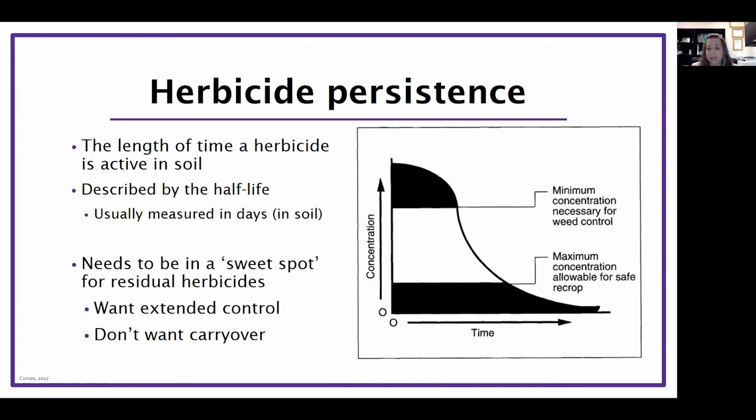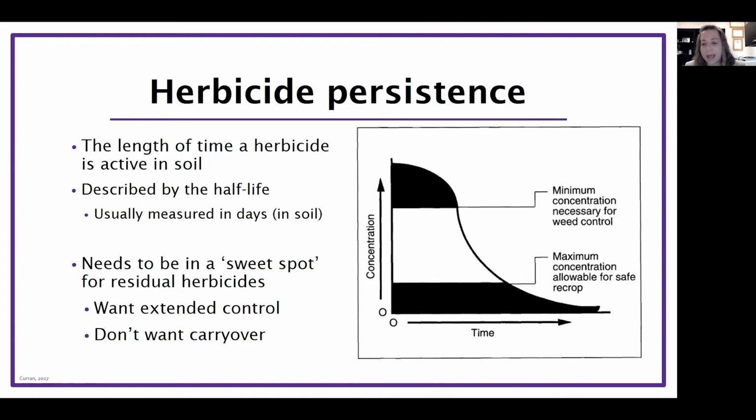When we think about herbicide half-life and how that relates to herbicide rates of application, the rates delineated on the labels are looking for something between two different ranges. The upper limit is going to be the minimum amount that we need to get adequate weed control for an extended period of time. We want enough herbicide in the soil so that we get some extended weed control.